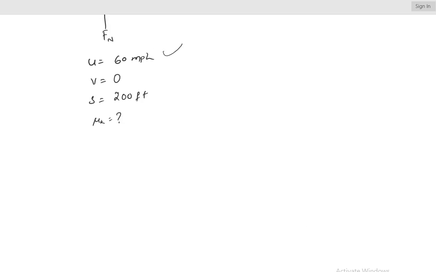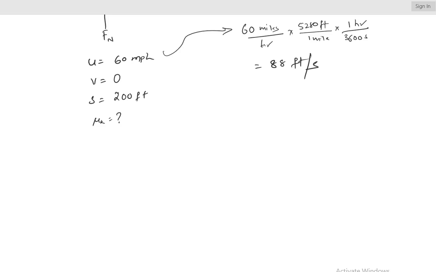All right. So 60 miles per hour times, so miles, I'll write 1 mile, and then I know there's 5280 feet in a mile, and then hour, I'm going to write 1 hour at the top so it cancels out, 3600 seconds. So this all said and done, when you run the numbers, it comes to 88 feet per second.